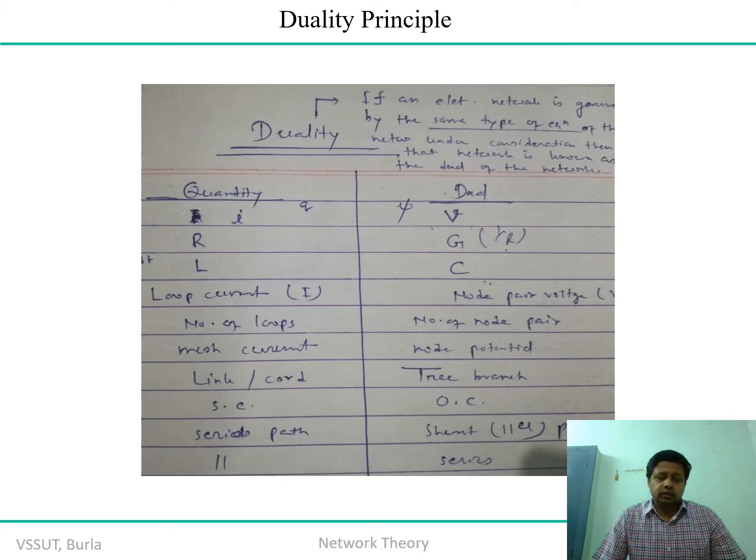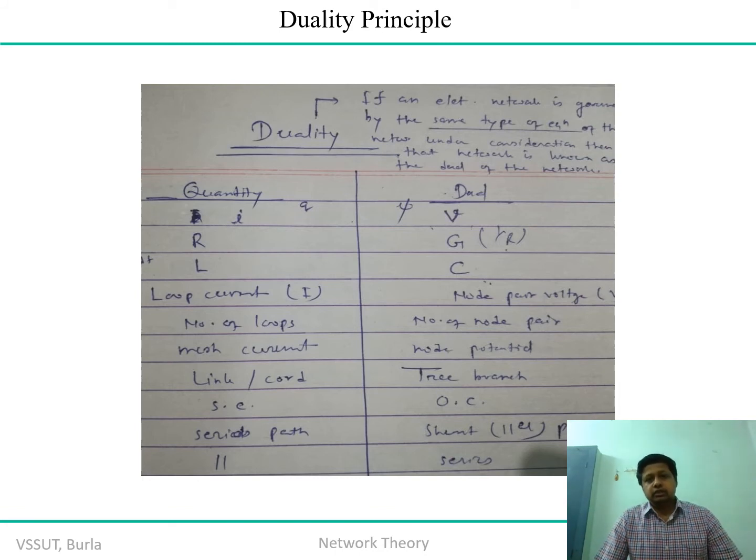So let us see what is the duality. If an electrical network is governed by the same type of equation, by the same type of mathematical model of the network, then that network is known as the dual of the original network.